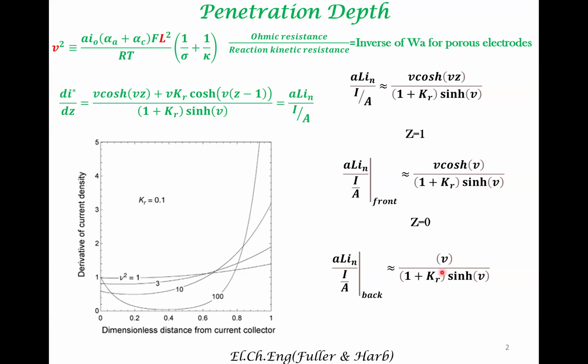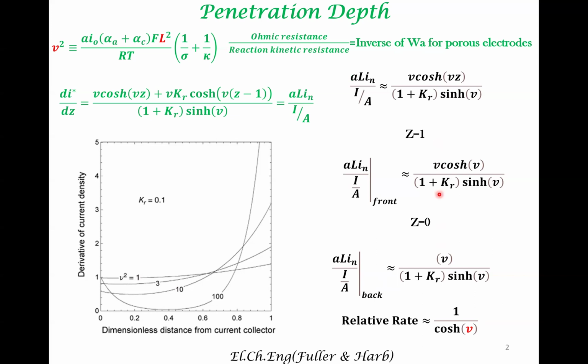Supposing in our device, as one of the design parameters, the reaction rate on the front side of the porous electrode divided by the reaction rate at the back side of the porous electrode is about 50%. So the ratio of this to this is about 50%.